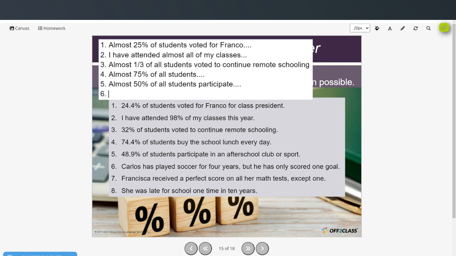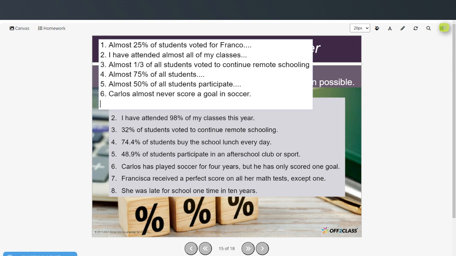Carlos has played soccer for 4 years, but he has only scored 1 goal. So Carlos almost never scores a goal in soccer. Francisca received a perfect score on all her math tests except one.